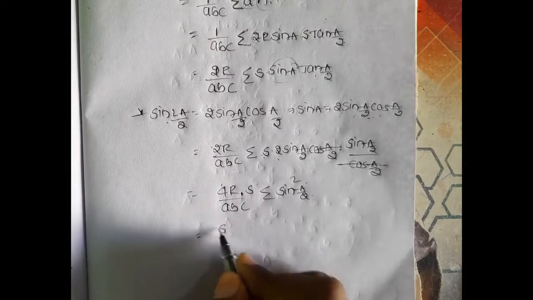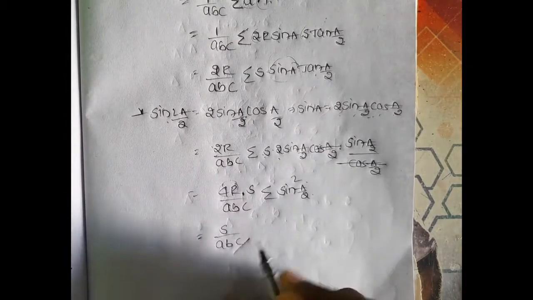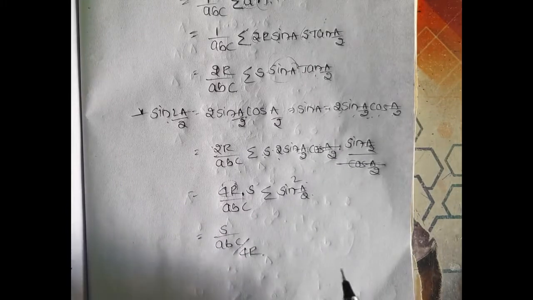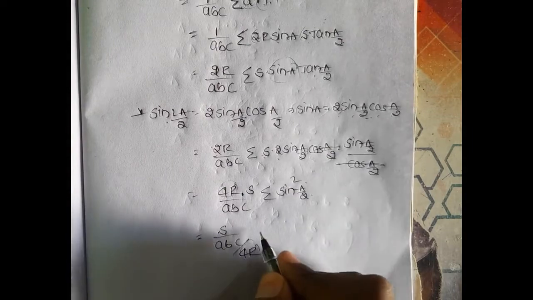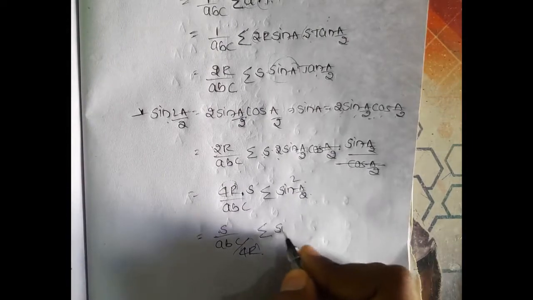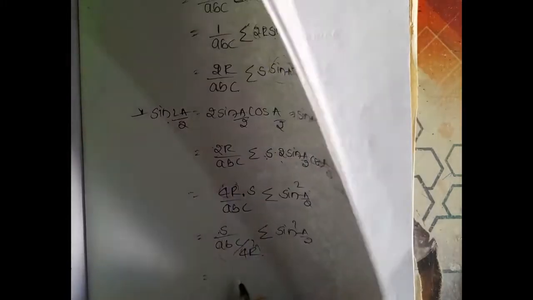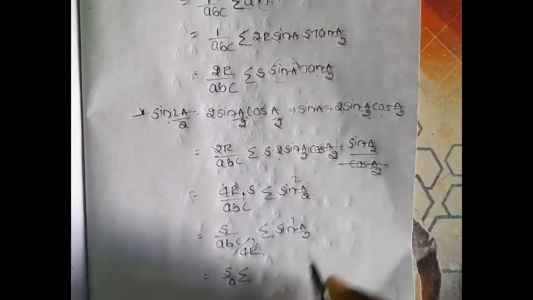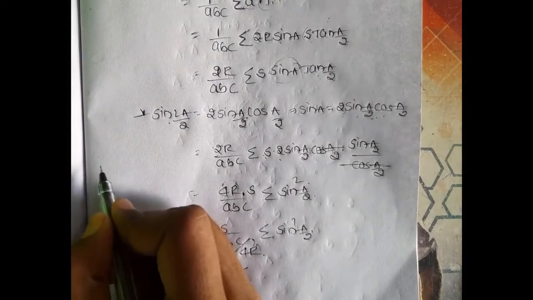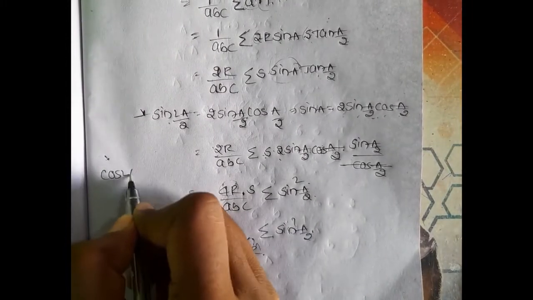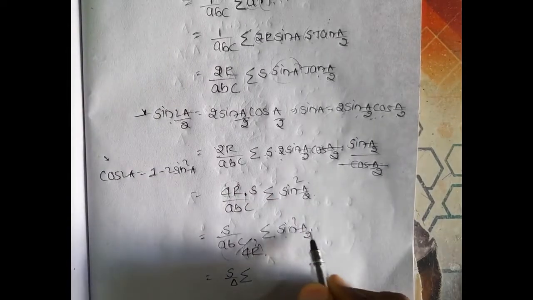Now s over ABC, just taking this to the denominator, because when we take it again to the numerator, it becomes the same. Now sin square A by 2. So ABC by 4R means delta, right? s by delta. And you know that sin square A by 2 can be written from the formula of cos 2A. Writing it here: cos 2A equals, in terms of sin, 1 minus 2 sin square A. Now it is sin square A by 2.